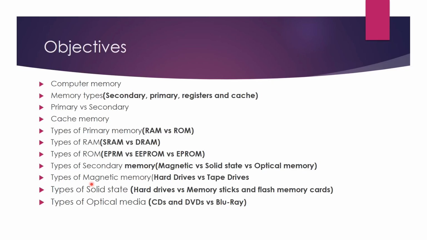Magnetic has two types: hard drives and tape drives, and solid state has three more types. In the same way, there are two or three types of optical media. So we will talk about these things in detail in this video. So let's get started.